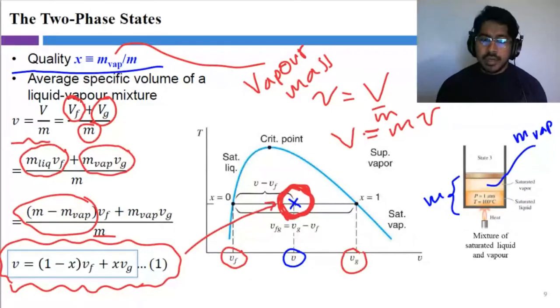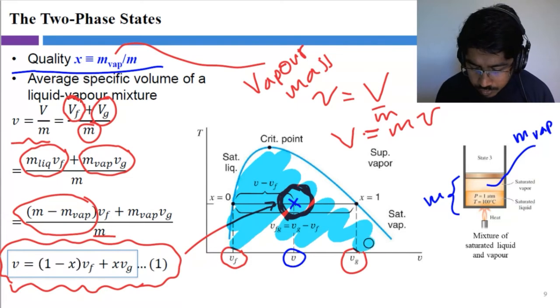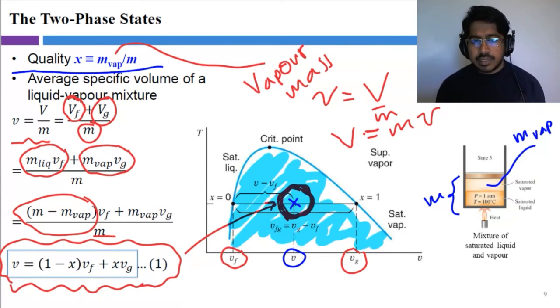And we do not define x values, or we do not define quality, for the subcooled region or superheated vapor region. So x only belongs inside the dome, right? x does not belong outside the dome.